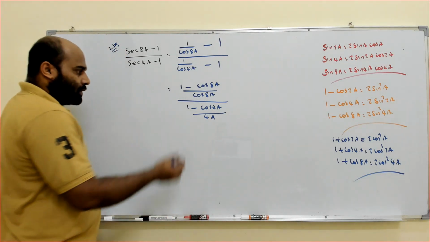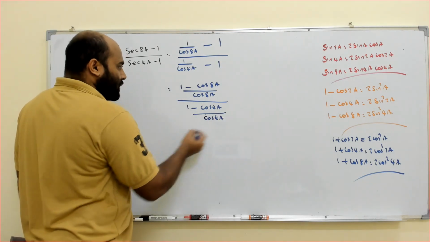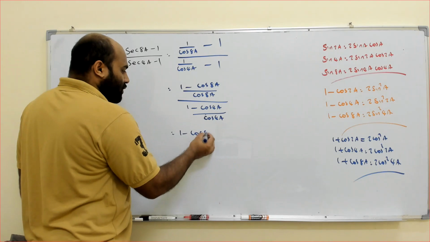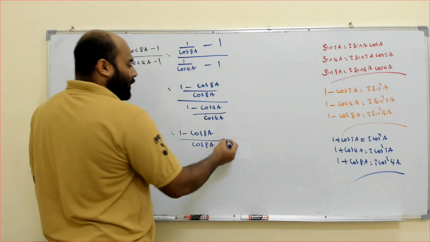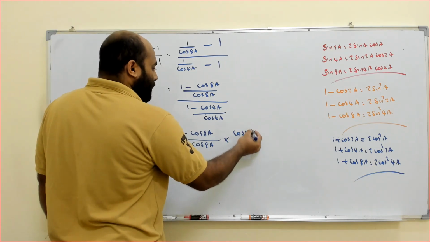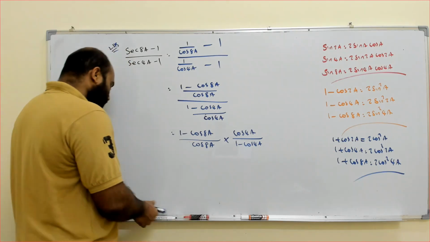Now reciprocal, this will be cos 4a. Now reciprocal multiplication: 1 minus cos 8a by cos 8a into cos 4a by 1 minus cos 4a. This much you understood, I think.